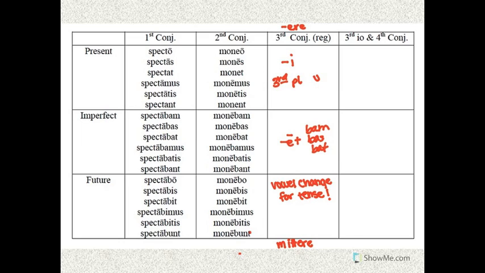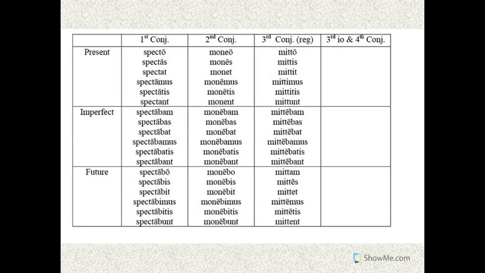See if you can try and conjugate it on your own. In a few seconds, I'll switch the slide. Okay, here is mitto, mittere conjugated in the present, imperfect, and future. Once again, take a minute and pause to check over what you've written down and compare it to what's on the slide. Make sure that you've accurately used the thematic vowel for all three tenses.